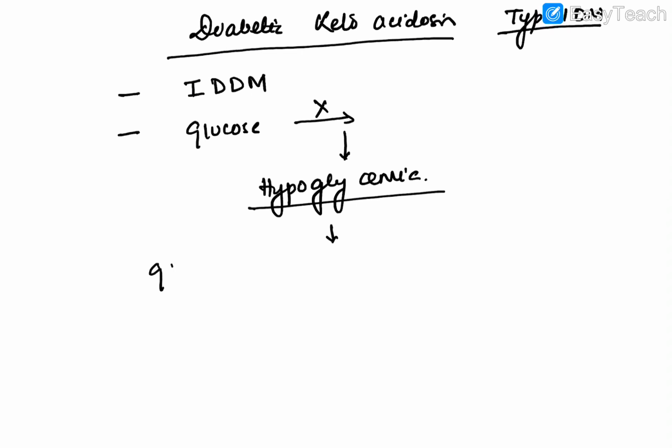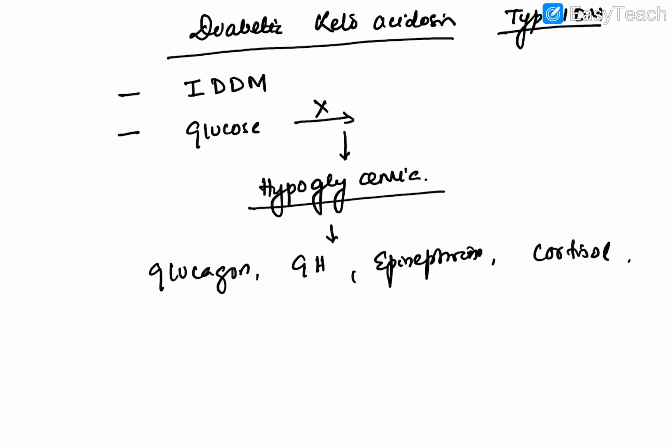These hormones are glucagon, growth hormone, epinephrine, and cortisol. So the effect of these hormones would be to increase the level of the glucose in the body. These hormones function by increasing gluconeogenesis and glycogenolysis.